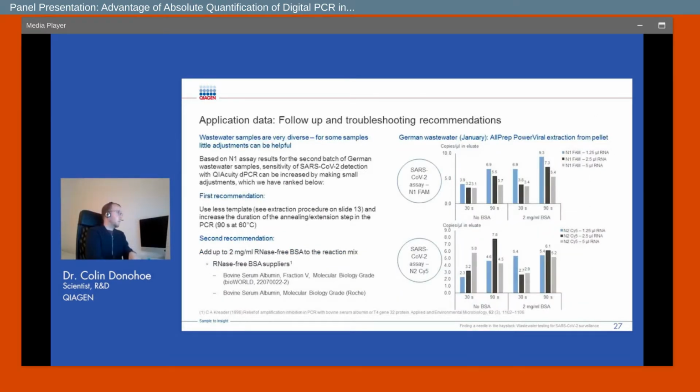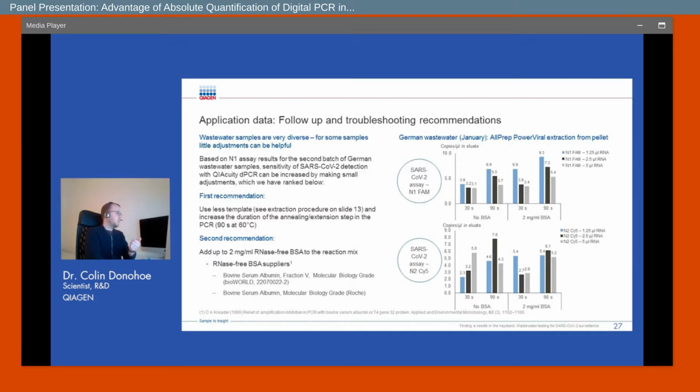We'd also like to show you some application data where we tried out some troubleshooting of techniques when dealing with wastewater samples because they can be tricky at times. And so we played with 3 variables. First, we increased the annealing extension time from 30 seconds at 60 degrees to 90 seconds at 60 degrees in our 2-step PCR system.